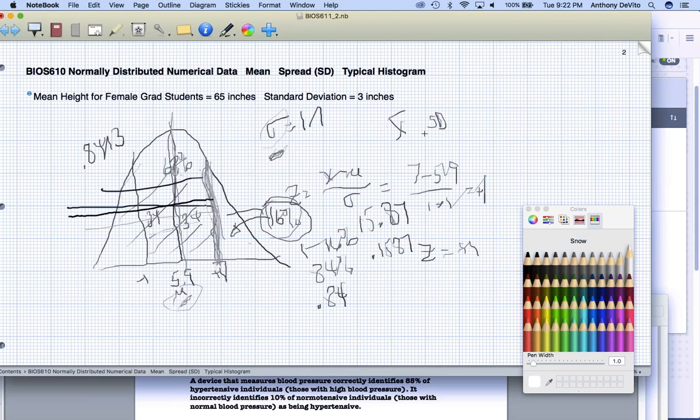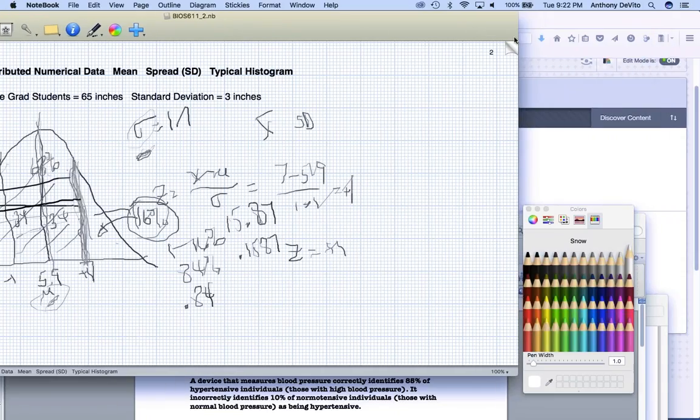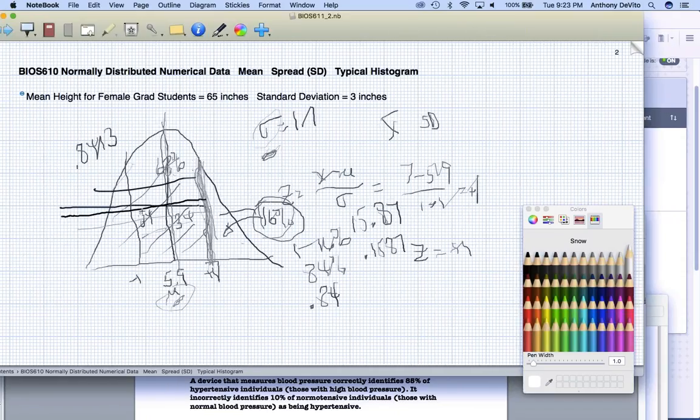What the central limit theorem tells us is that if I take repeated samples of size 9, in this case we're dealing with a sample of size 9, from this population, where the mean is 5.9 and where the standard deviation for the population was 1.1, well, I would expect that when I take a sample from this population, my outcome is going to approximate the mean of the population in my sample.